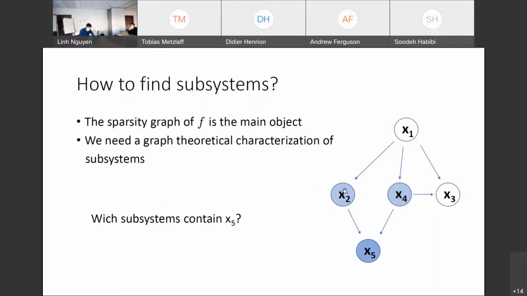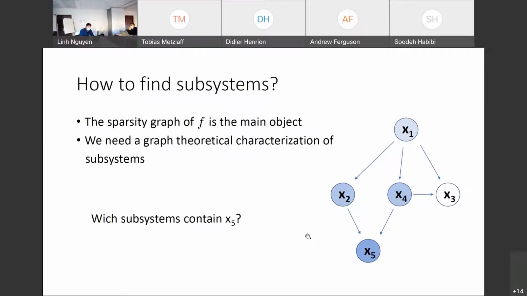And for these, we see they depend on x1. That means necessarily a subsystem has to contain x1 itself. But in x1, this chain ends. We are not forced to include another node like x3 here, because x1 does not depend on some other states. Otherwise, there would be an arrow pointing towards x1.